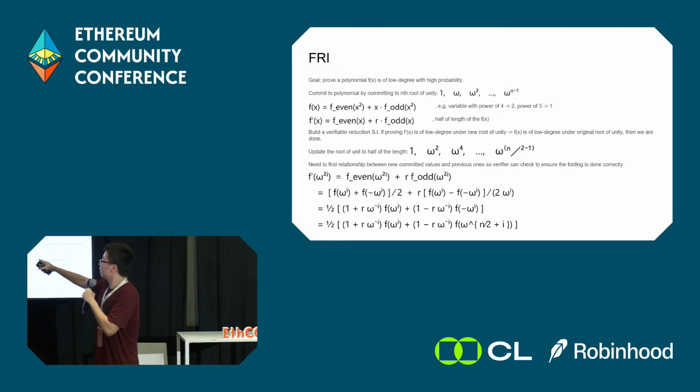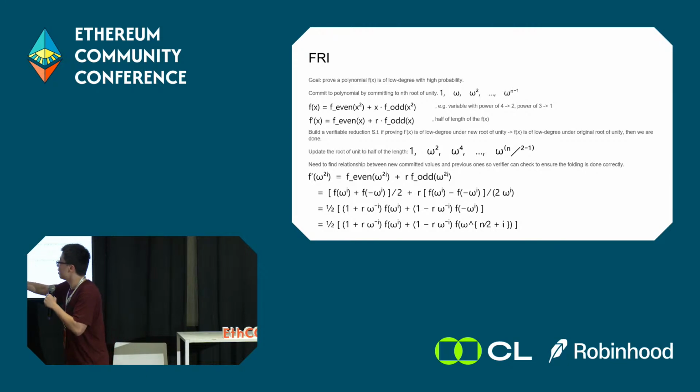Then how many of these roots of unity are there? Half the length. Here it is the nth root of unity. If we get rid of all the odd powers like 1, 3, and 5, we also get a root of unity of half the length. It's a very similar process, as we can see, but here it's not a cryptographic group. It's just a root of unity.